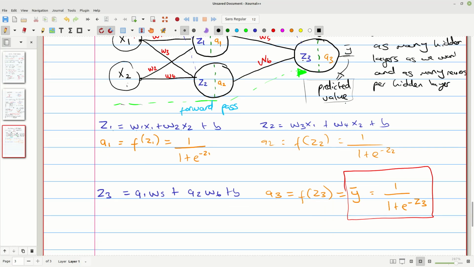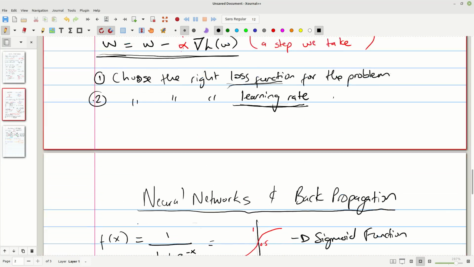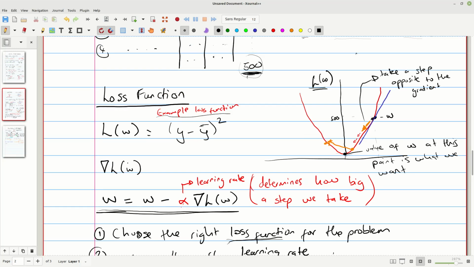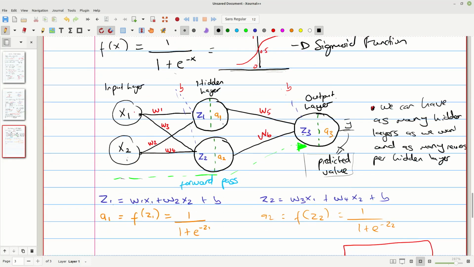And to do that, we said we define a loss function, right? And the loss function, we said, is given, let's say, L(W) with respect to W. That's what we defined here. An example loss function was (y minus y bar) squared or whatever. So let's actually use this.